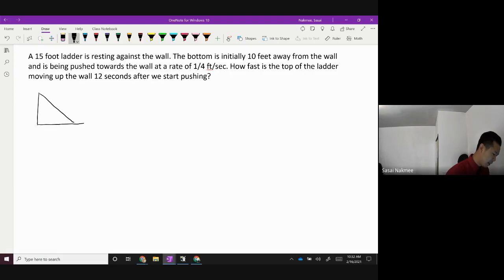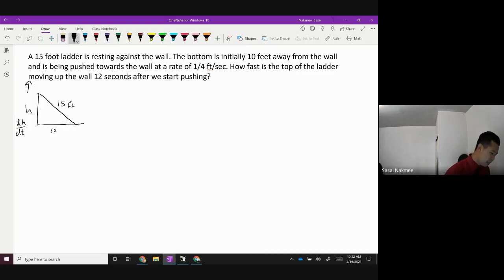It is about 15 feet, and is 10 feet away. And we don't know the height of this ladder at this point, do we? And we're asked to find out what the rate is as it goes up. So we're basically asking, what's the change in the height with respect to time?